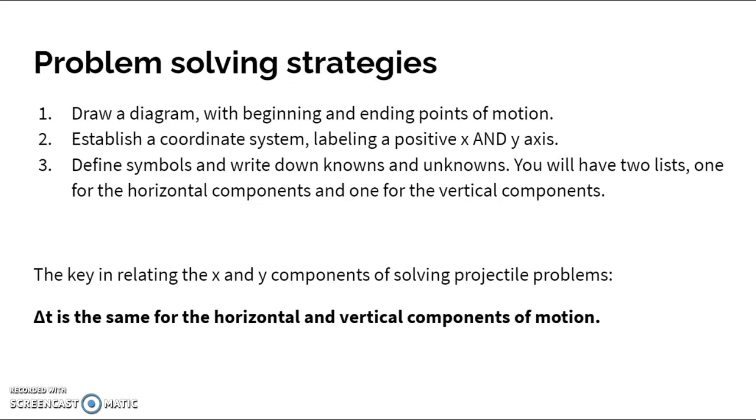Now, the key in problem solving is relating what's going on horizontally to what's going on vertically. And the key in doing that is realizing that time doesn't have components, so time is what's going to relate the 2 things. All right, so we'll move on here to look at a couple of problems and break those down, and hopefully things will come together a bit more. Thank you.